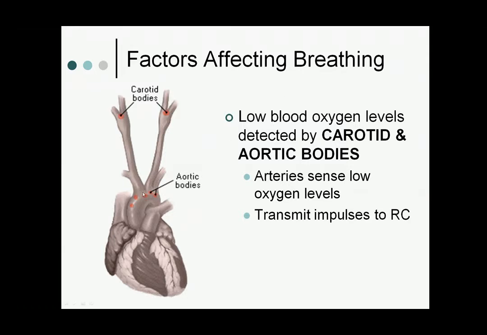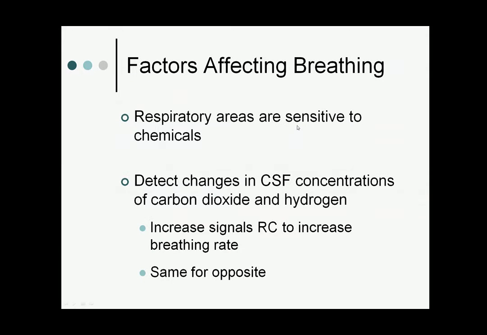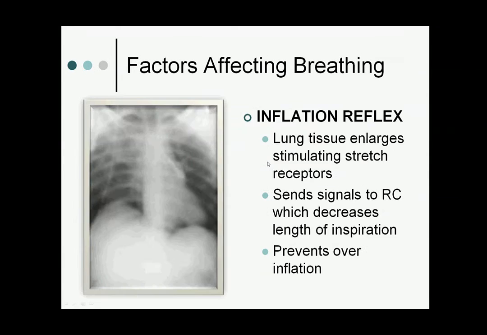But here's the aorta, aortic arch, so you can see aortic bodies, which are just specialized cells to transmit and pick up signals, detect stretch. And carotid bodies up at the carotid artery, so where you would expect them. But basically here they are detecting low blood oxygen levels, whereas cerebral spinal fluid is picking up carbon dioxide levels, so opposites.